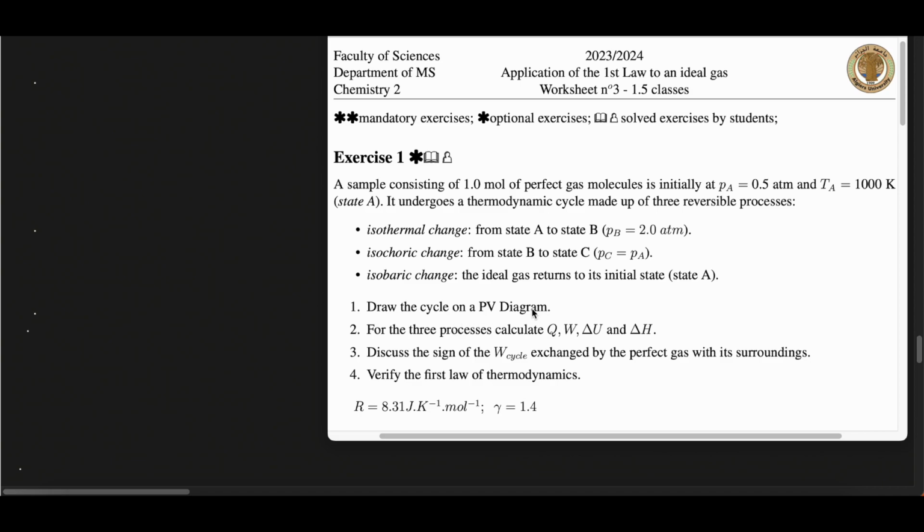First, we have to draw the cycle PV diagram, and we'll calculate all these thermodynamic properties. Also, we'll discuss whether the law of thermodynamics is verified through this cycle.